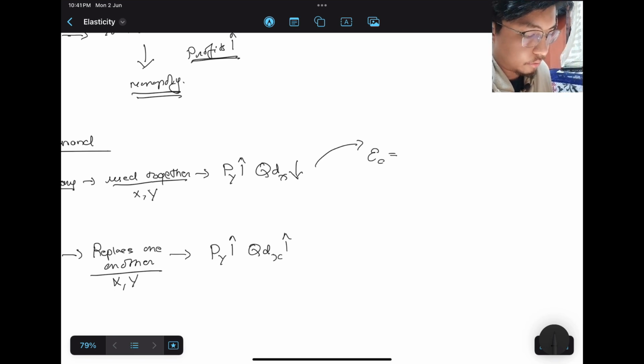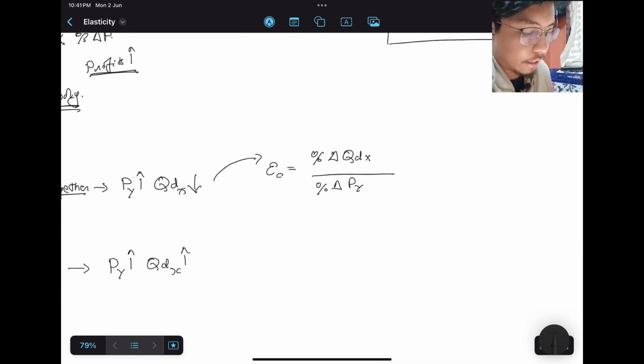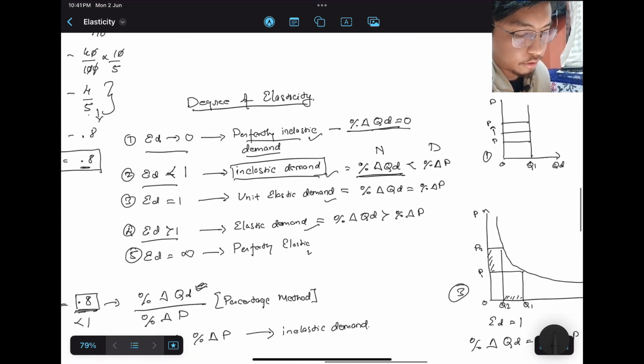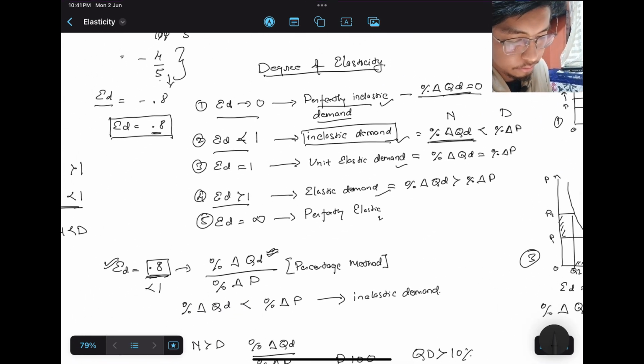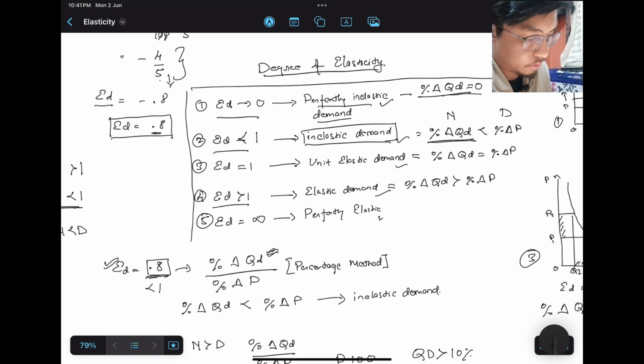So, percentage change in quantity demanded of X upon percentage change in prices of Y. Then you will again have to go back to your litmus test, this one.